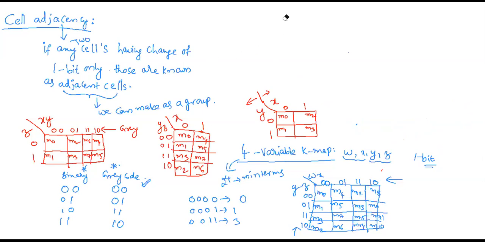Now we will go with the three variable K-map. In three variable K-map, M0, comma M4. These two are adjacent cells or not? Try to find the answer with this type of format.